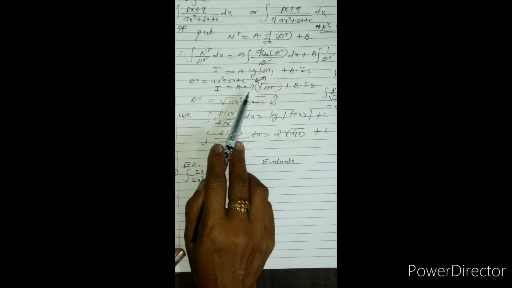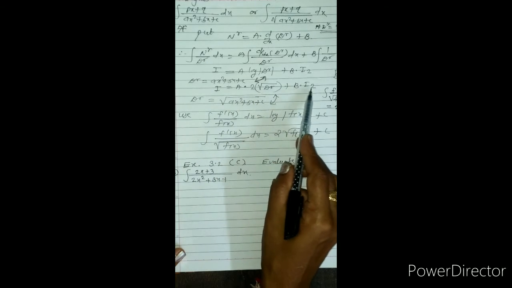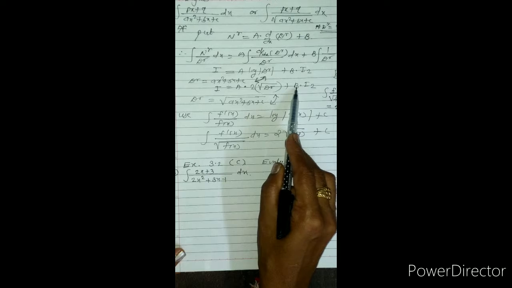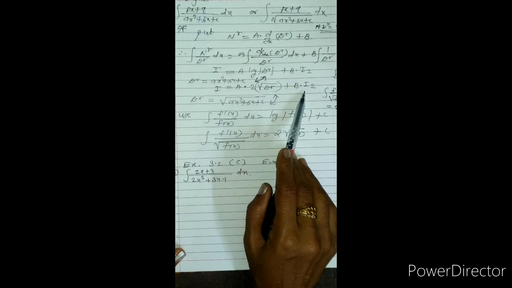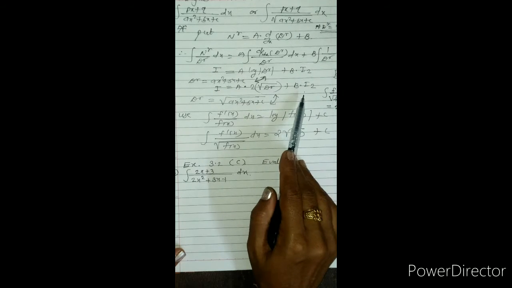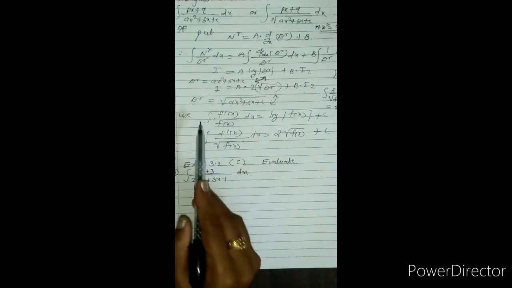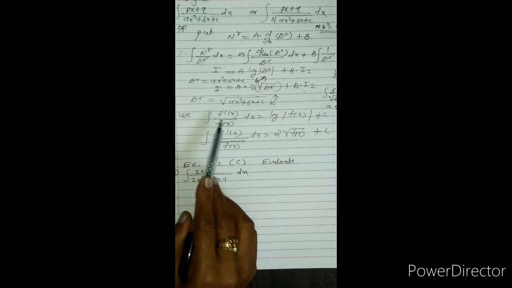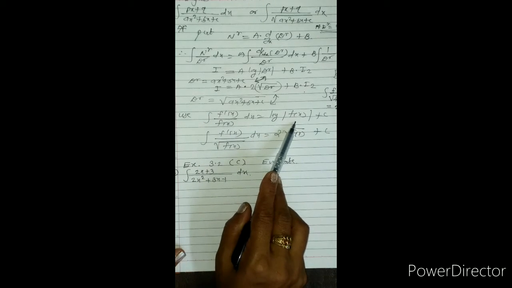Therefore we get a times 2 times root of the denominator. The second integral can be evaluated by multiplying by b, again the evaluation of I2 for 1 upon root of f(x), by making the coefficient of the square term unity, and then adjusting it as a difference of squares or addition of squares of two terms. So by using this method, we get the answers of such integrals in either of these forms: a times log of mod f(x) or a times 2 times root f(x).